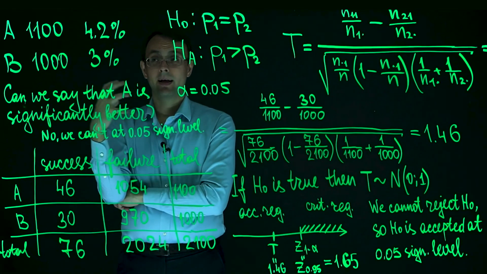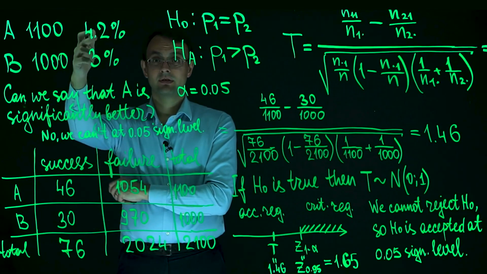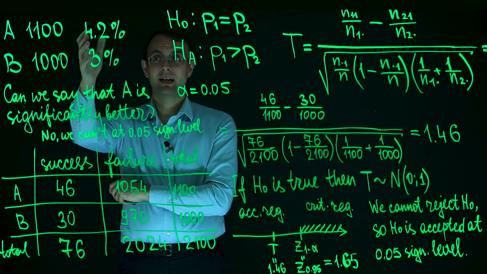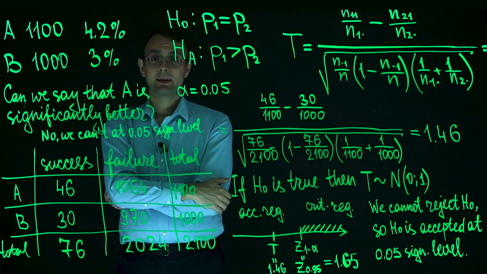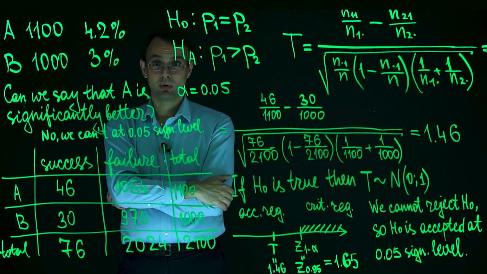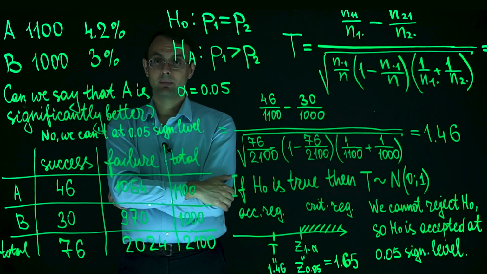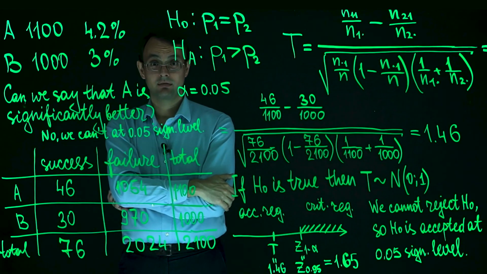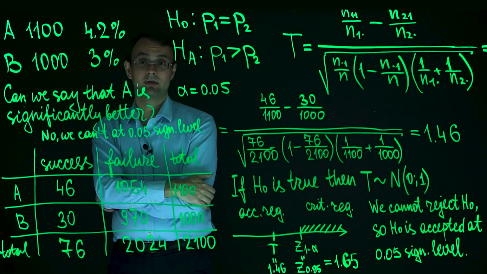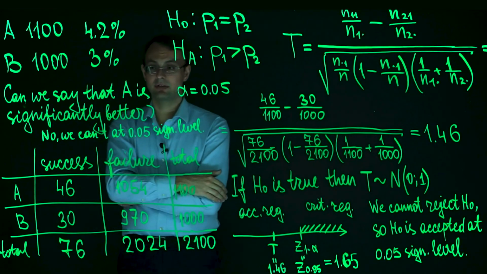So if the difference were more than our difference of 1.2%, or if the number of observations were more than the number we have, then the answer would be different. But in this situation, the answer is this.